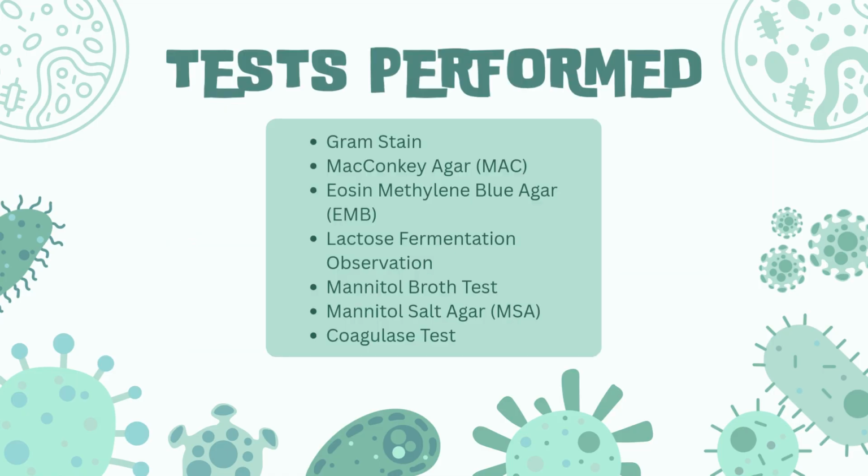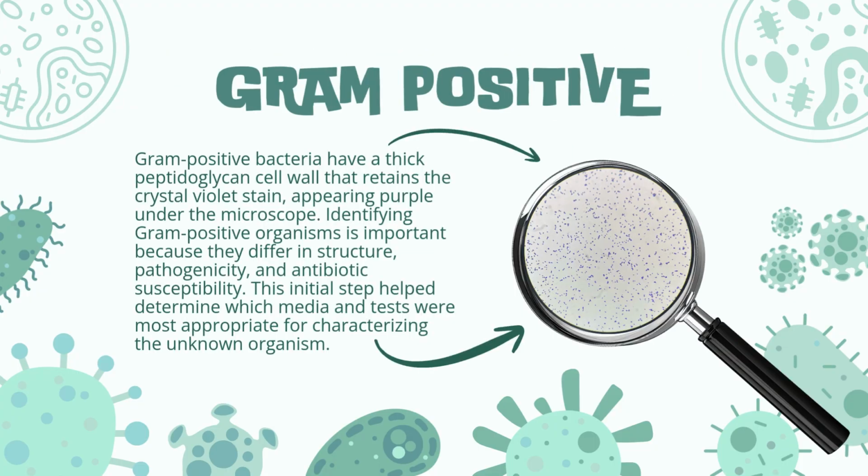The next step was to gather experimental evidence through a series of carefully selected laboratory tests to reveal specific characteristics of the unknown organism. One of the first and most important steps was the Gram stain. This technique separates bacteria into Gram-positive or Gram-negative, depending on the structure of their cell walls.